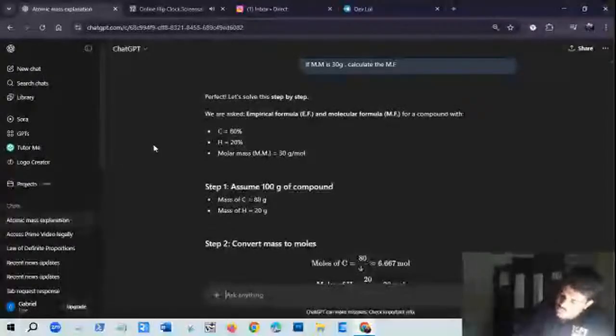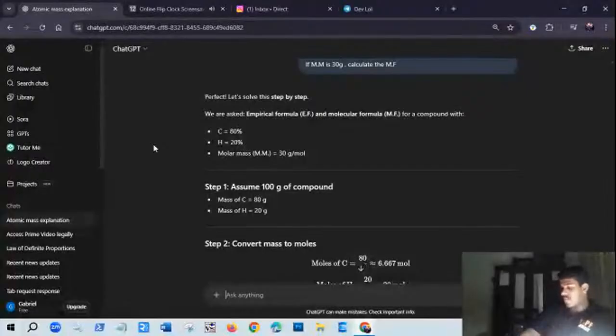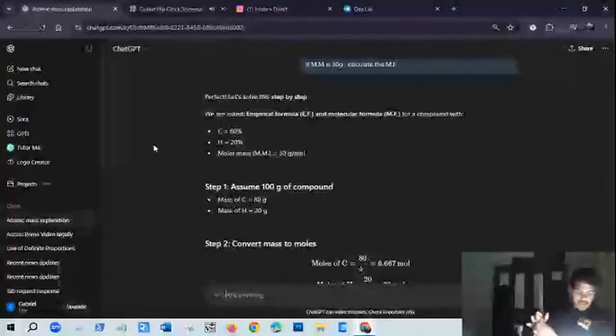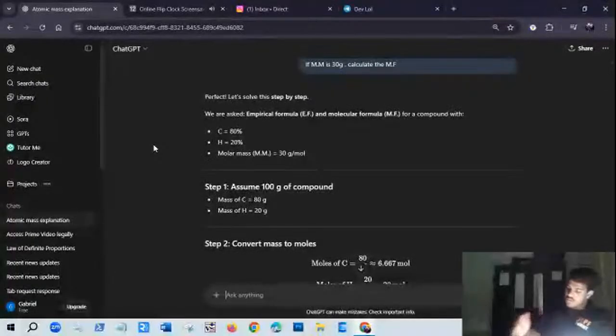We take 6.67 divided by the smallest one, we get 1, and here 20 divided by 6.67, you get about 3. So we get CH3. Now we got the simple whole number ratio.